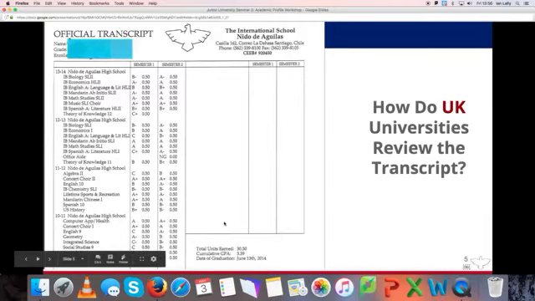But if 10 students who are qualified apply to University of Edinburgh, for example, in the UK, they could take all 10. That's because the world has this idea that if you meet certain magic numbers, or what we call parameters, then you have a much higher chance of getting into that school.